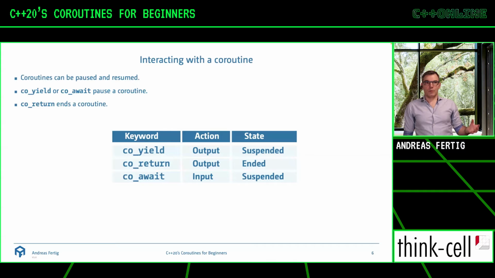There are various ways to interact with a coroutine. So first of all, we already established that coroutines can be paused and resumed. This is their primary selling point. This is what makes them great and different to usual functions. We have three new keywords in C++20, that's co_yield, co_await, and co_return. So co_yield is an output action.